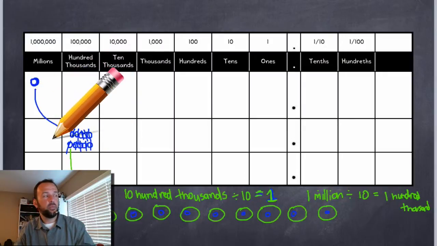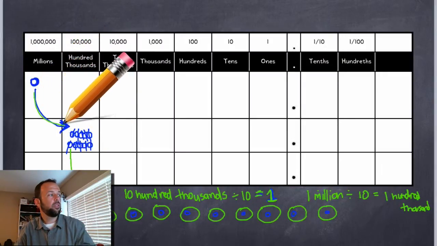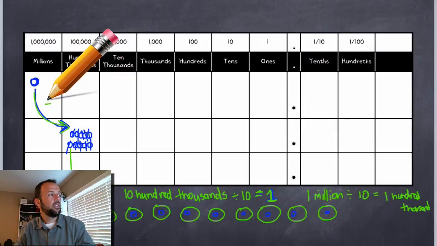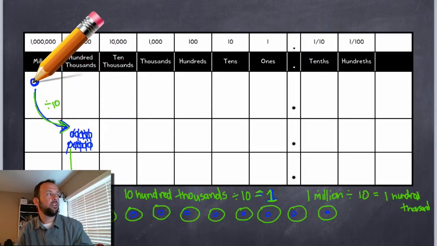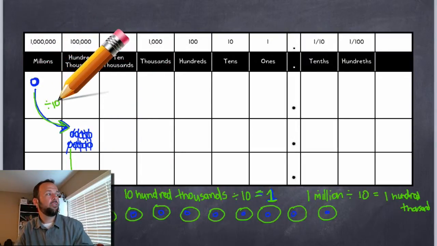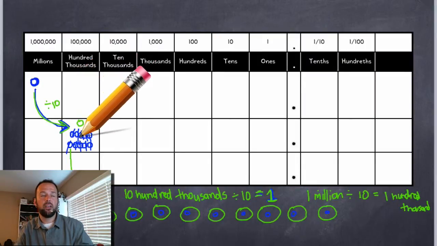And we know that because we divided by 10, just like we talked about previously when we reviewed, when we divide by 10, we step our way back to the right. We slide to the right on that place value chart. So 1 million divided by 10 is going to give me 100,000, okay?